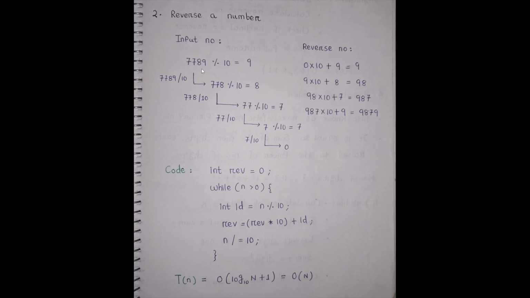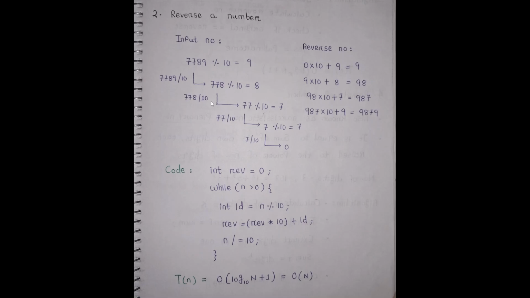Then in the next iteration, we have to divide the number by 10 and then again extract the last digit. This time we have to multiply by 10 the previous value of the reverse number, that is 9, that we got in the previous iteration. So we multiply the previous value of the reverse number, 9, by 10, then add the last digit of this particular iteration to that multiplied value, and then we get 98.